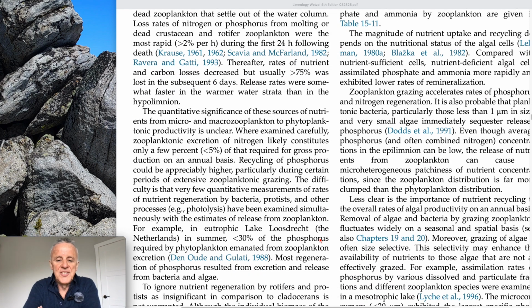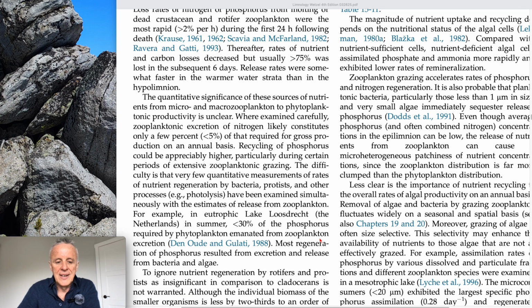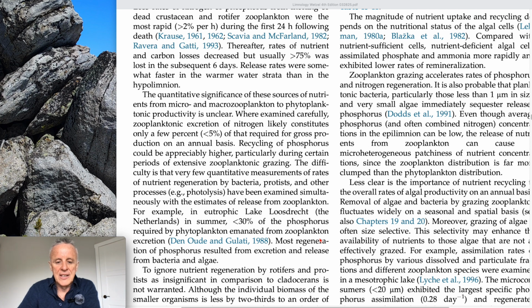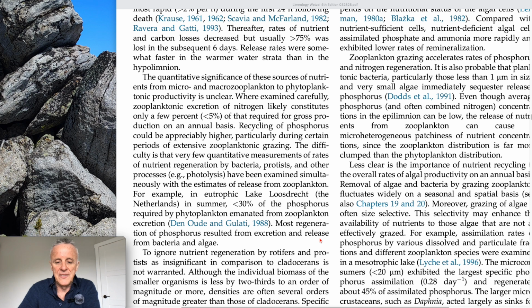The quantitative significance of these sources of nutrients from micro and macrozooplankton to phytoplanktonic productivity is unclear. Where examined carefully, zooplanktonic excretion of nitrogen likely constitutes only a few percent, less than 5%, of that required for gross production on an annual basis.